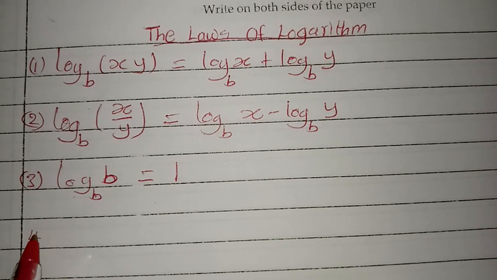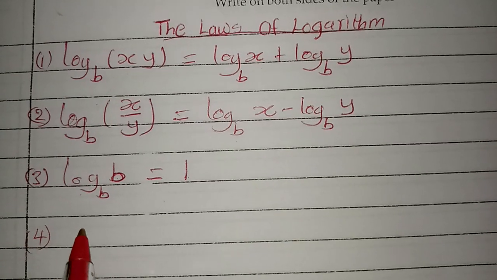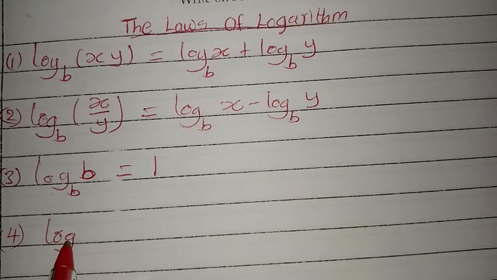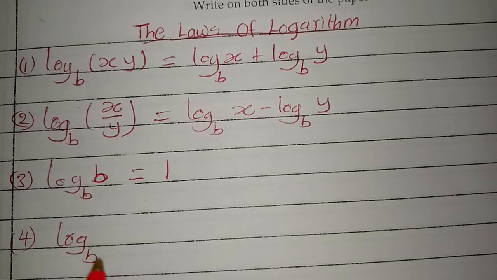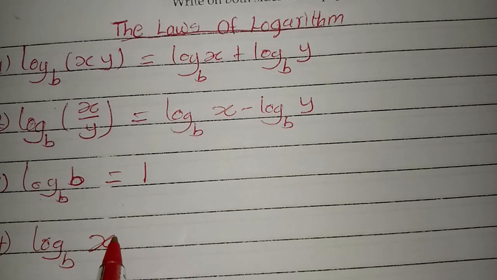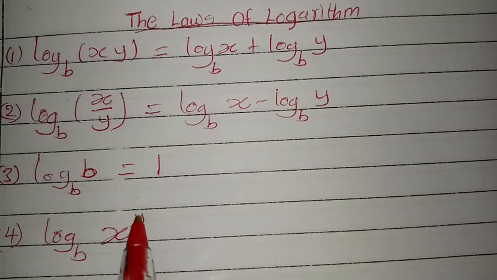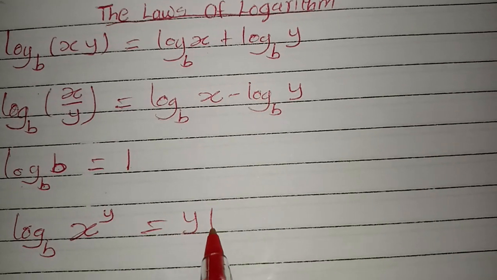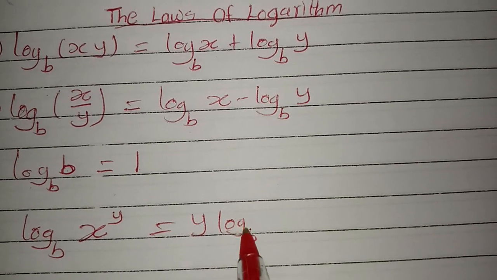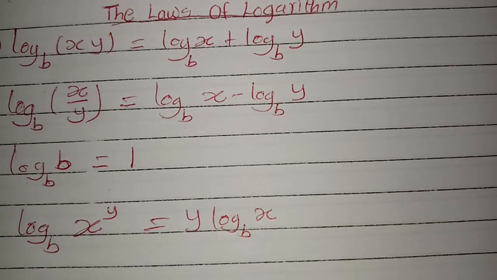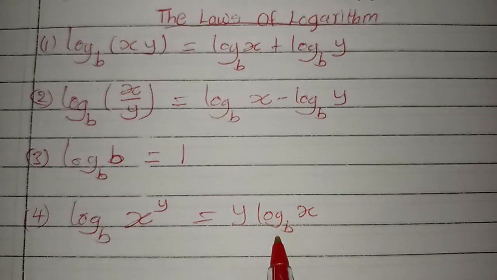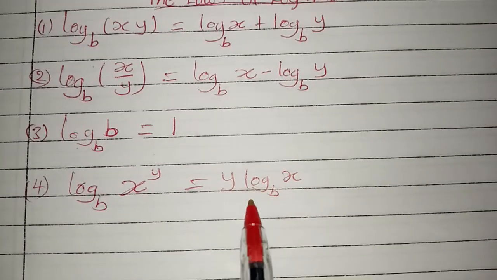Then let's move on to the fourth one. Log to the base b of x exponent y is simply y times the log to the base b of x. So this expression is equal to the right hand side here.